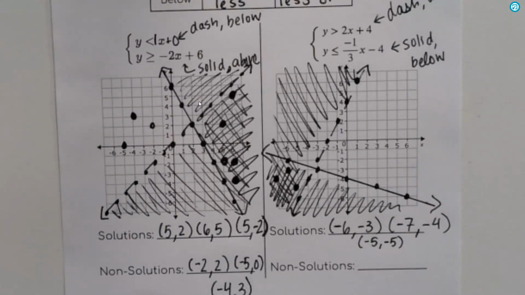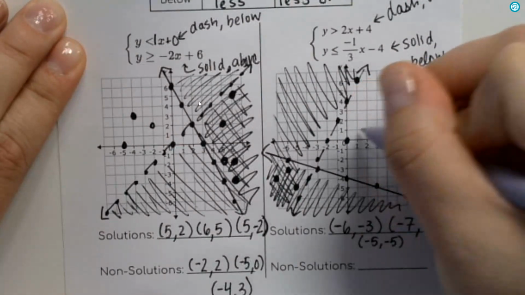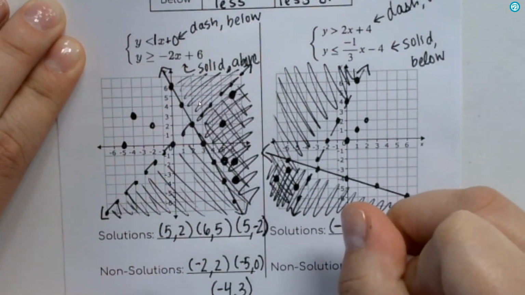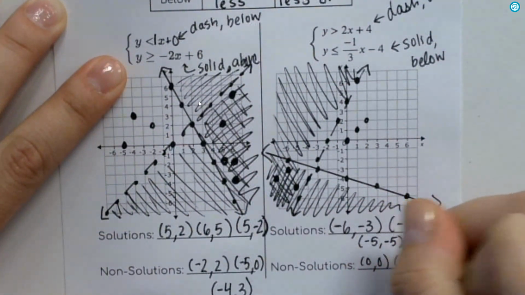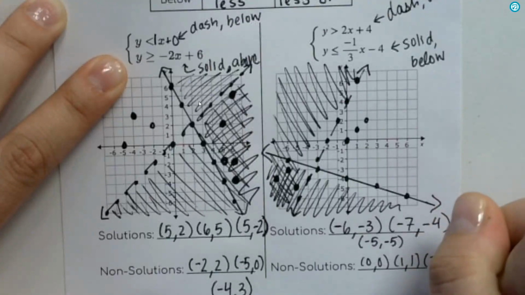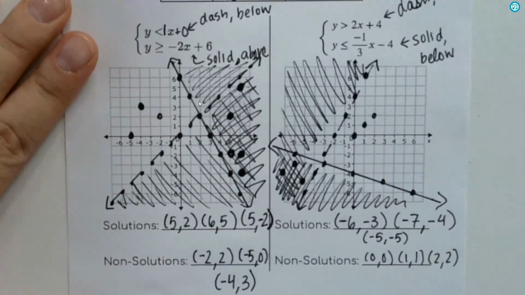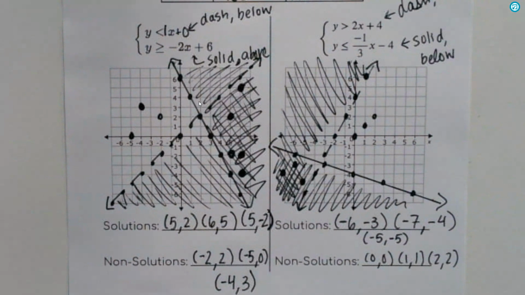And so when I'm able to do these as either solutions or non-solutions, I always do them. Super easy non-solutions here. 0, 0, 1, 1, 2, 2. Don't even have to think about which one's X and Y. Okay. Questions right now?